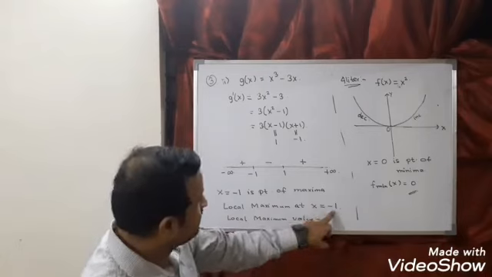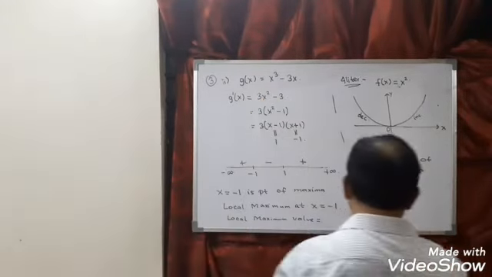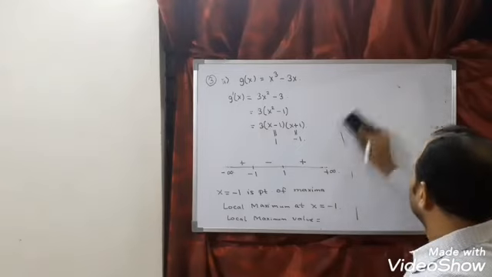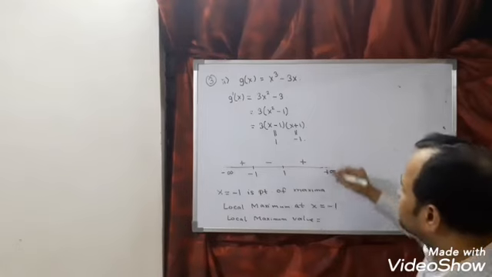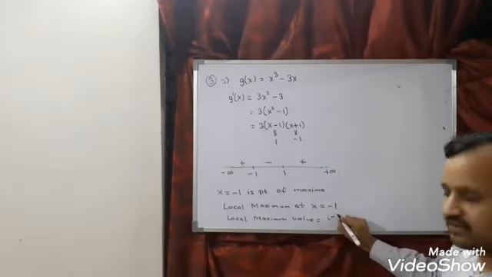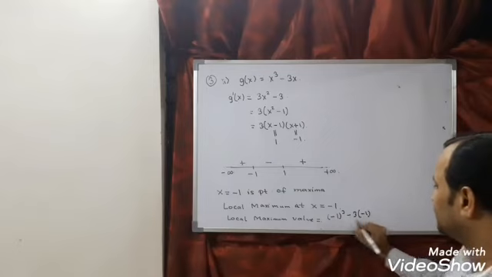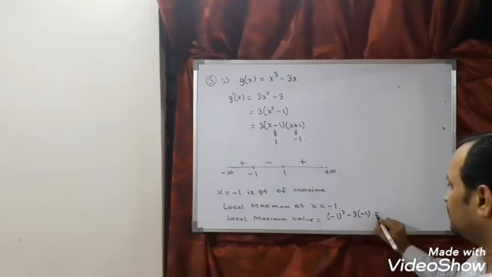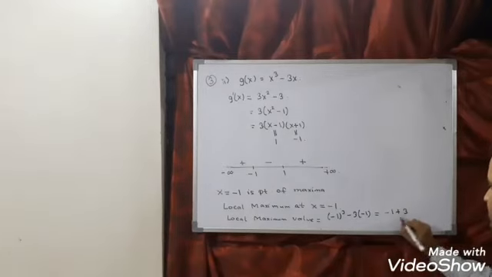Now put this point in g of x and tell me what you will get. Put minus 1 here. So minus 1 whole cube minus 3 into minus 1. So finally what will you get? Minus 1 cube is minus 1, plus 3. So the answer is 2.